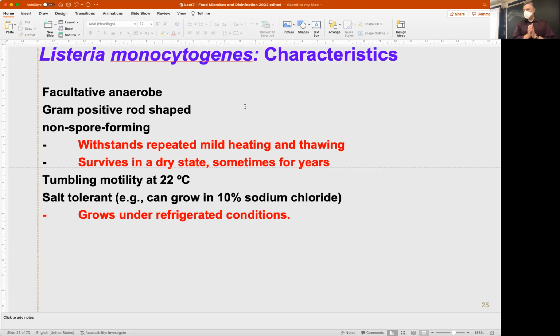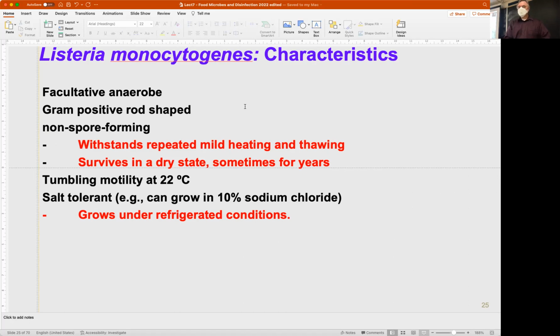Again, this bacteria is what I refer to as a facultative anaerobe. Facultative means it can survive in both, but normally it's anaerobic, so it doesn't need oxygen, but it'll survive in oxygen. It's called a gram-positive, so if you were to do a gram stain, it'll turn blue.